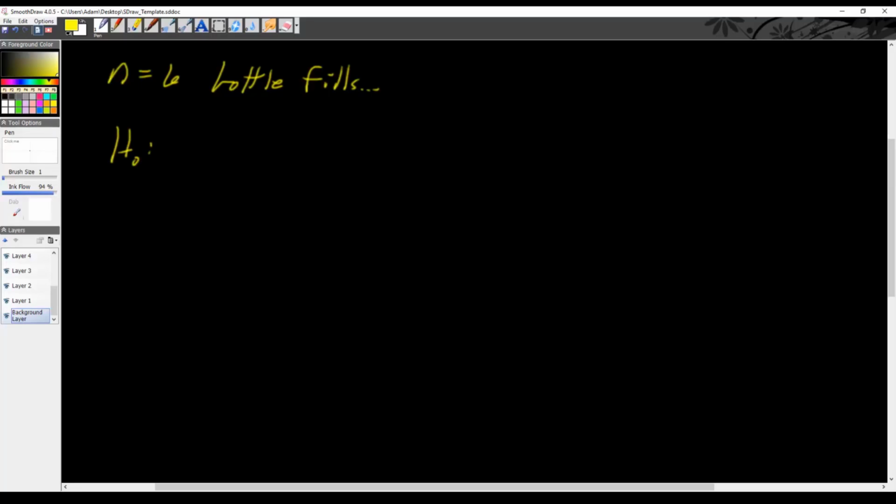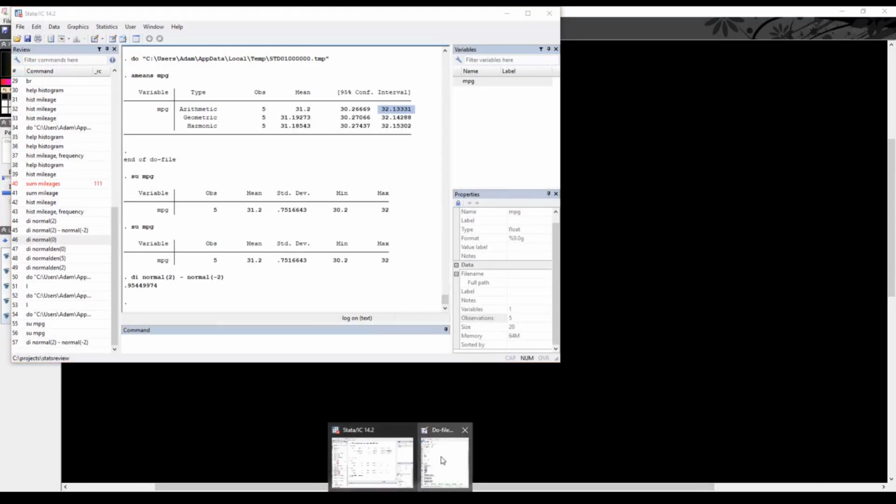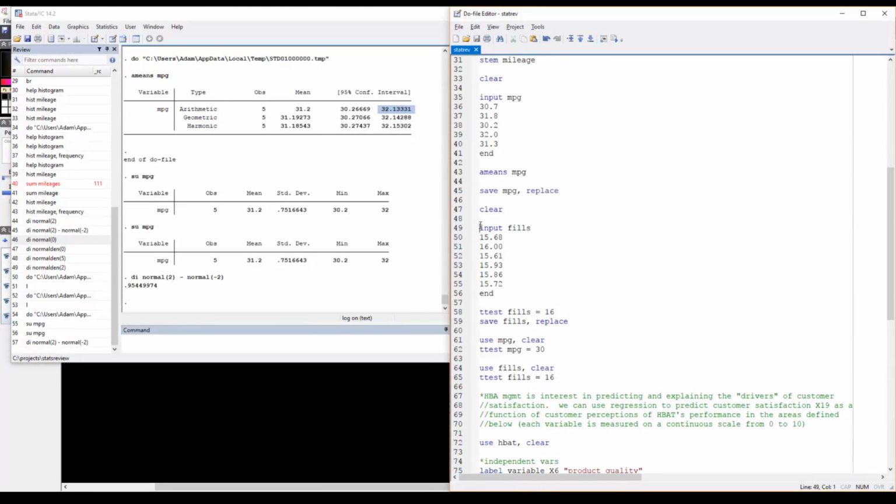And we want to state the null hypothesis that mu is equal to 16 ounces, and the alternative hypothesis is that mu does not equal 16 ounces. So why would we state this sort of hypothesis? So let's say that we get a sample comprised of these values.